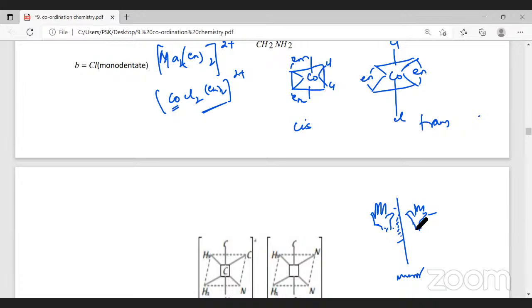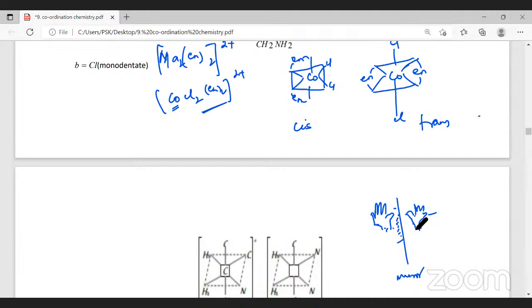The thumb is in the opposite direction. The small finger is also opposite. Don't keep your fingers as if you're making namaste. I'm asking to keep one palm on the other, on the top. Then it will not be superimposable. That is called a non-superimposable mirror image.